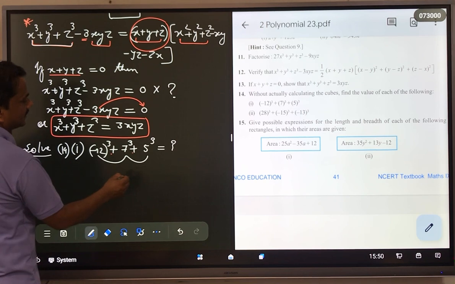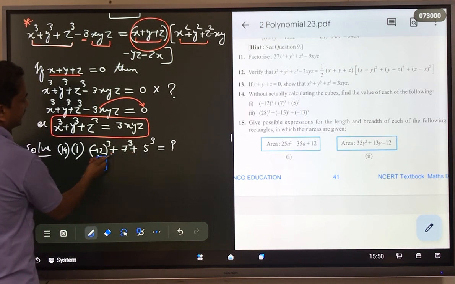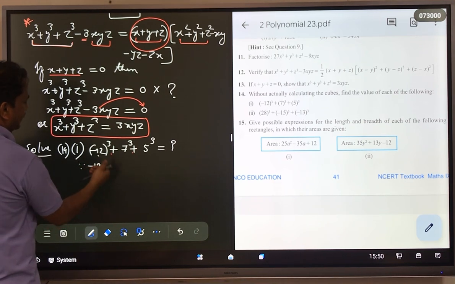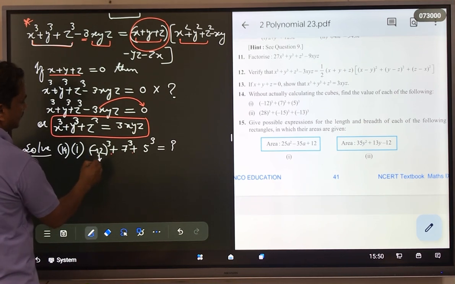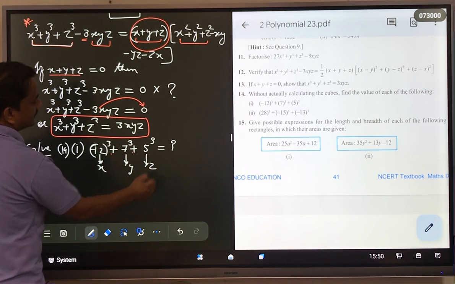What is the meaning of linear sum? Here, suppose minus 12 is the first quantity x, 7 is y, and 5 is z.